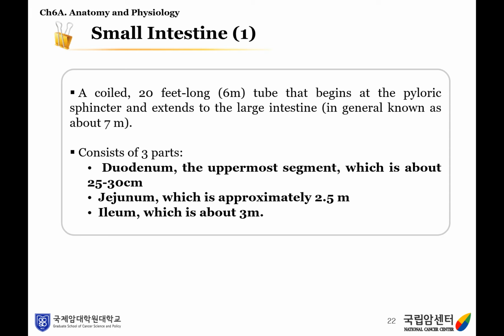The small intestine consists of 3 parts: duodenum, the uppermost segment, which is about 25 to 30 centimeters, and the second part is jejunum, which is approximately 2.5 meters, and the last, third part of the small intestine is ileum, which is about 3 meters. So the total length of the small intestine is about 6 to 7 meters.